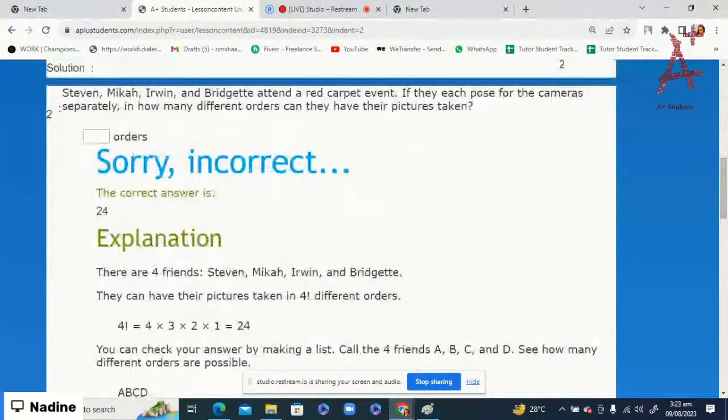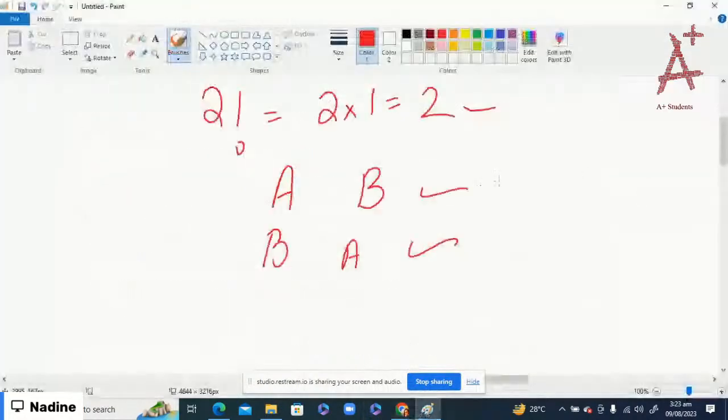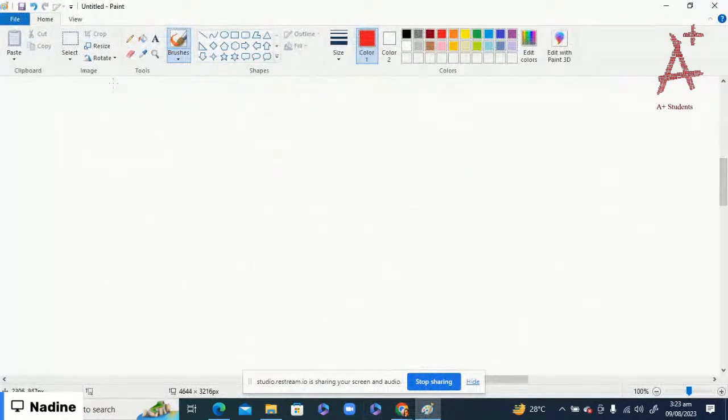If they each pose for the cameras separately, in how many different orders can they have their pictures taken? So first, the number of people is 4, so let's find the 4 factorial. Here I'm going to solve for 4 factorial.